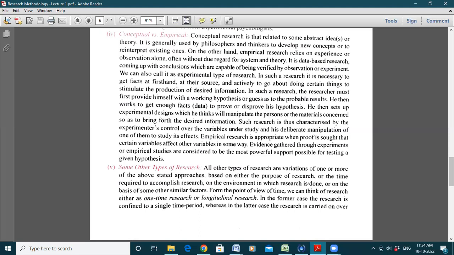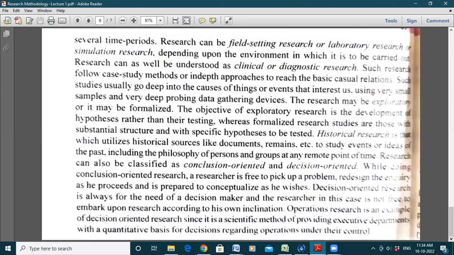From the point of view of time, we can think about research as either one-time research or longitudinal research. In the former case, the research is confined to a single time period, whereas in the latter case, research is carried on over several time periods. So the other research types are small modifications of one another, is it making sense? And diagnostic research that I just mentioned, historical research is all based on historical documents, conclusion-oriented and decision-oriented research, when we research a particular person's philosophy.